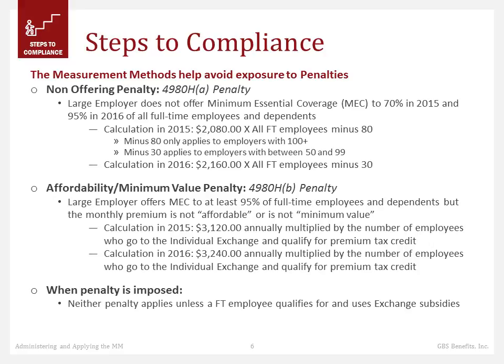That's maybe because you identified mid-year that you had missed somebody or you weren't affordable and you made adjustments. So to get the monthly penalty amount, you would take that figure, let's look at the calculation in 2016 under the B penalty, that's $3,240, and just divide that by 12, and that would give you the monthly penalty.